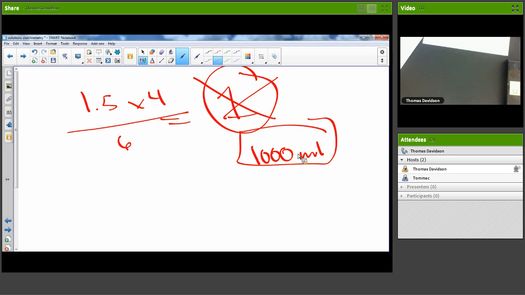I'll read it one more time. 65 milliliters of a nitric acid solution is titrated with 40 milliliters of 2.5 molar NaOH until the solution reaches a neutral pH. What was the concentration of the HNO3?